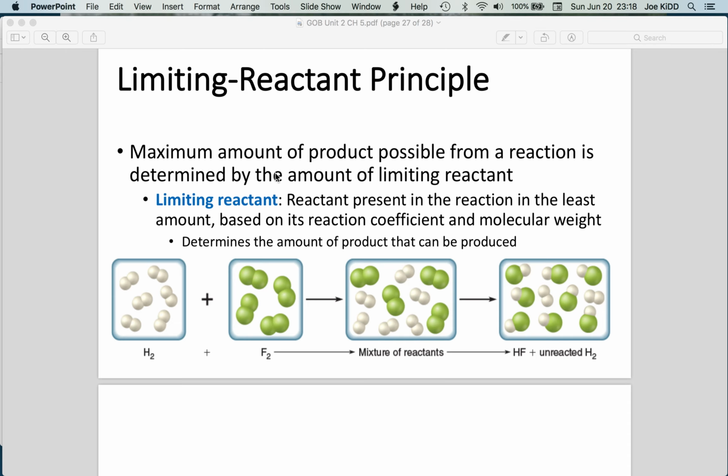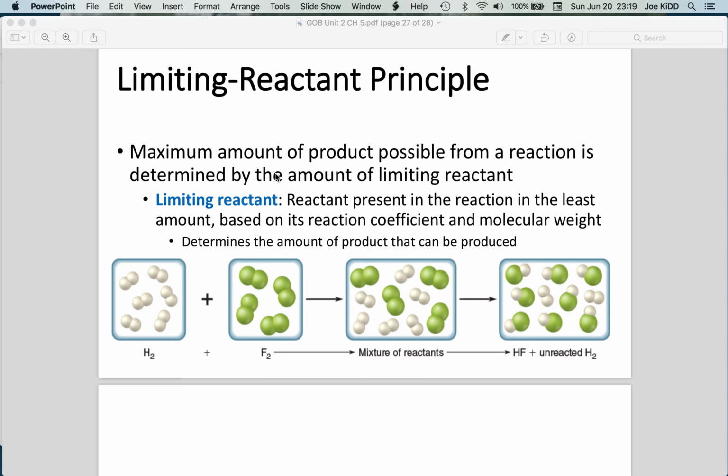The last concept that we're going to talk about in this chapter is a limiting reactant. A limiting reactant, the definition, right, as we say, is the reactant present at the end of the reaction in the least amount, or it's the thing that is completely consumed, is the thing that limits the reaction from going more.